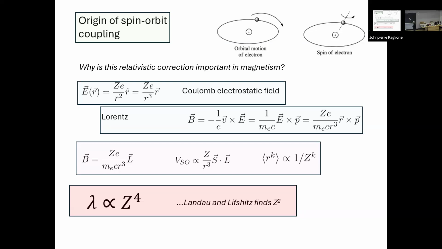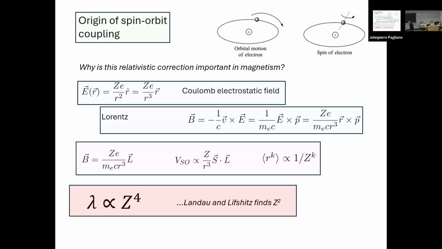If you do the math here, what you find is that you end up with something that looks like angular momentum. r cross p is L. And you have this factor of Z out here and an r cubed in the bottom. If you do some gymnastics with quantum mechanics, you can find that that thing actually brings another factor of Z to the cubed into the numerator.